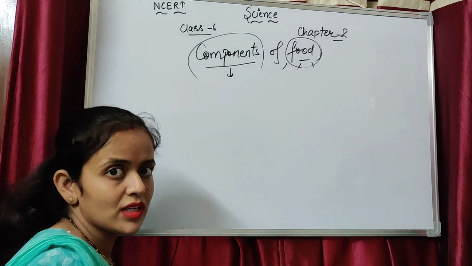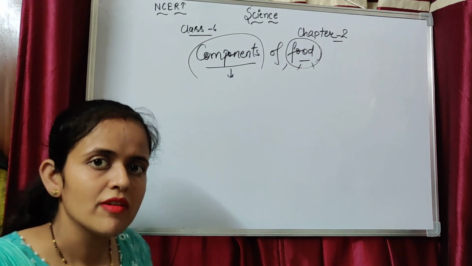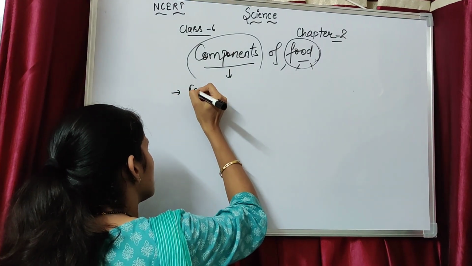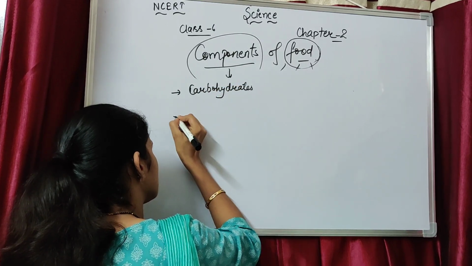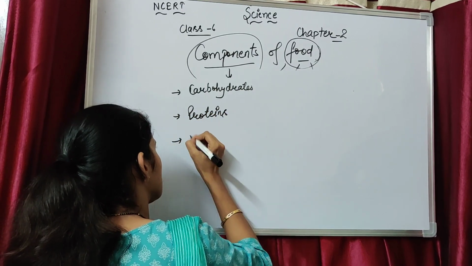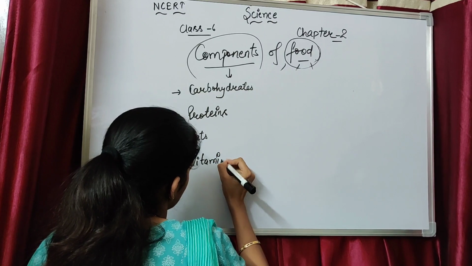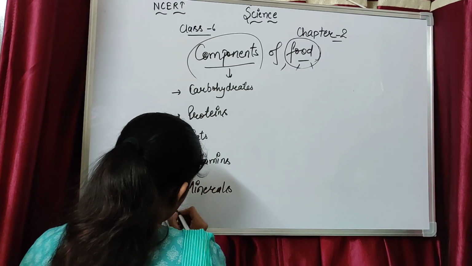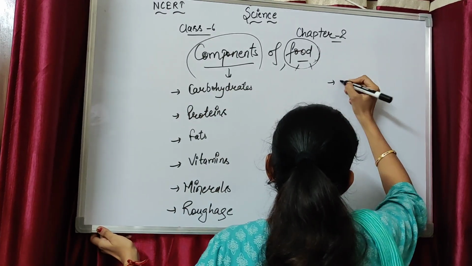So I am writing the major components of food. The major components are carbohydrates, proteins, fats, vitamins, minerals, roughage and last is water.